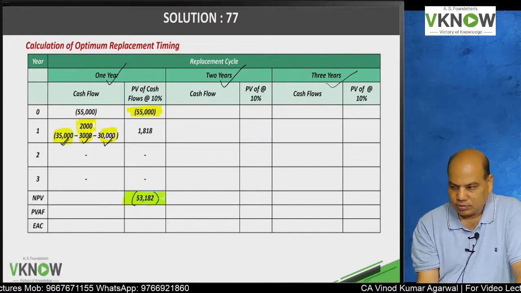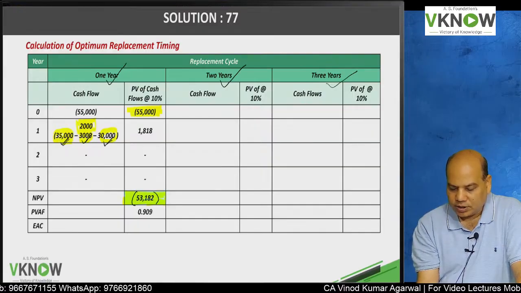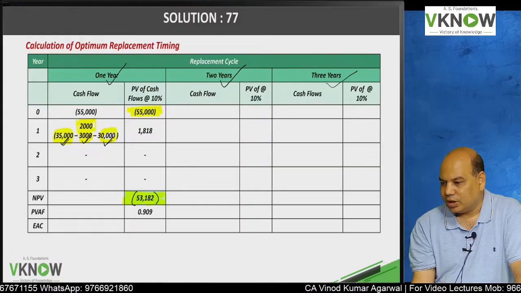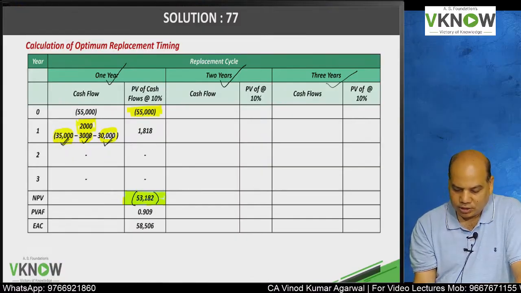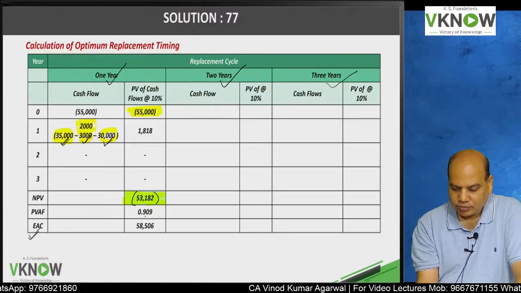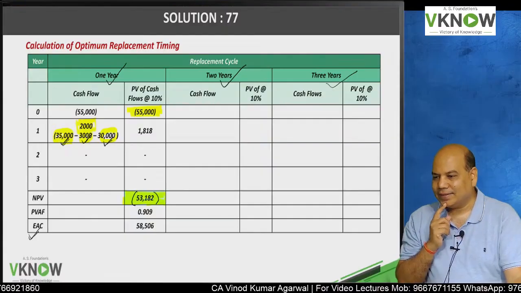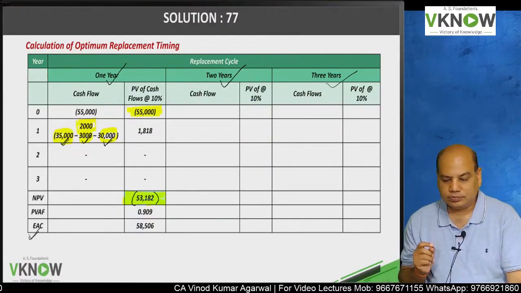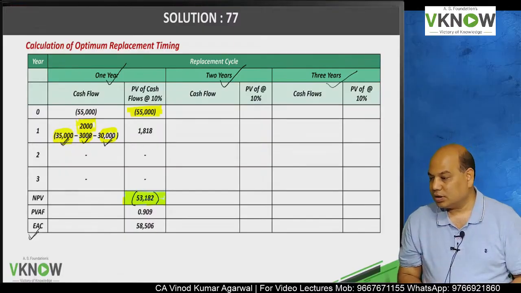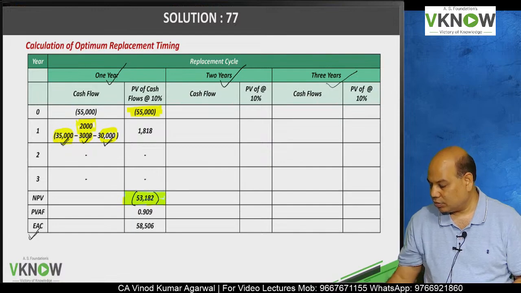The PV annuity factor for year 1 is 0.909, and therefore the EAC, if you replace every year, is 58,506. Please confirm, is it right? 58,506. Very good.